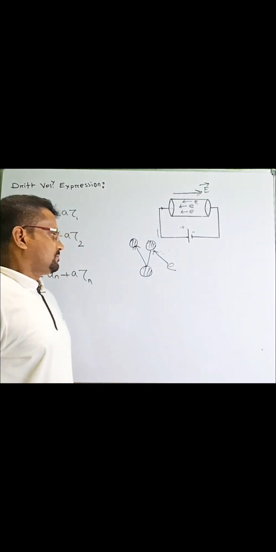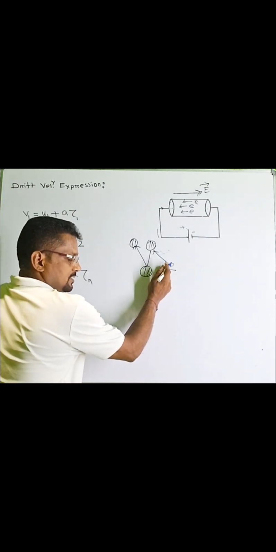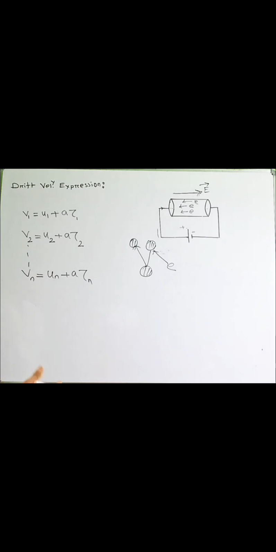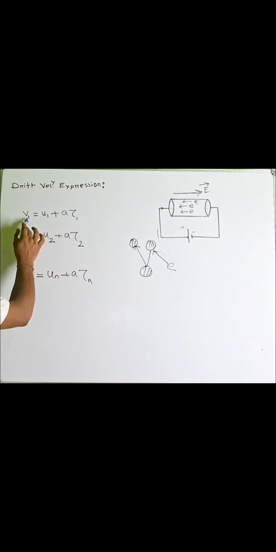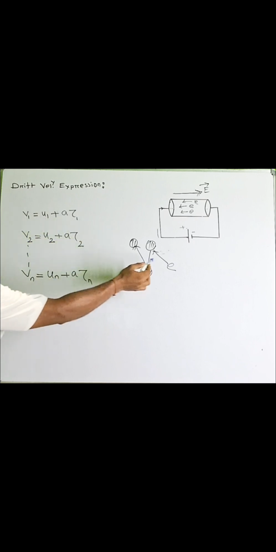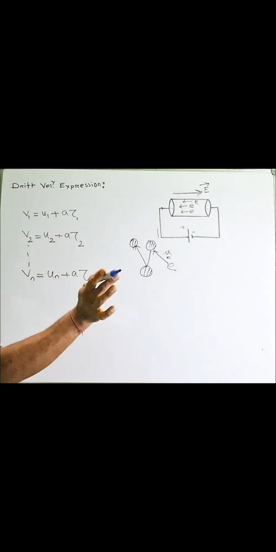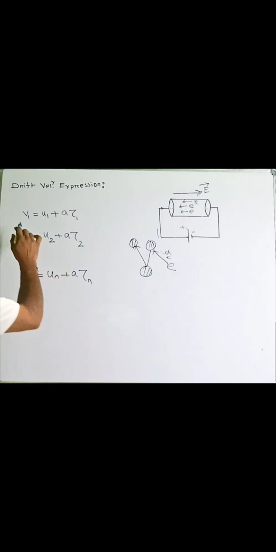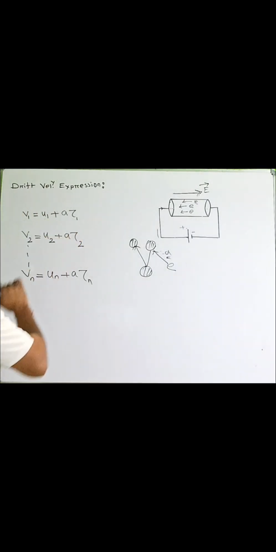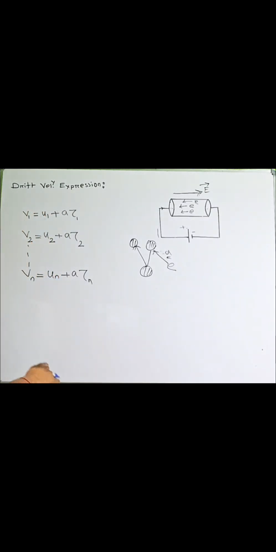Now, when it accelerates, say it gains a velocity v1. For the first electron, you can write v1 equals u1 plus a t1, using the equation of motion v equals u plus at, where a is the acceleration. Here u1 is the thermal velocity already present.